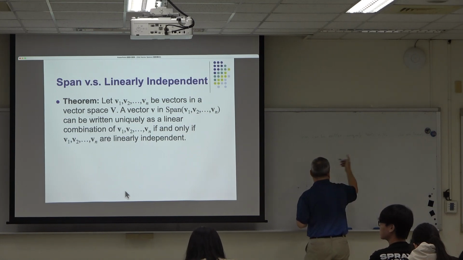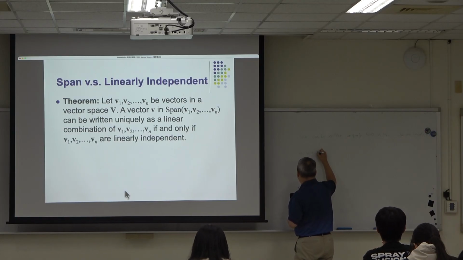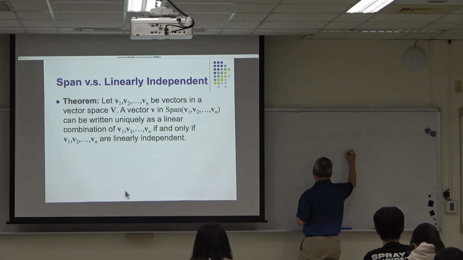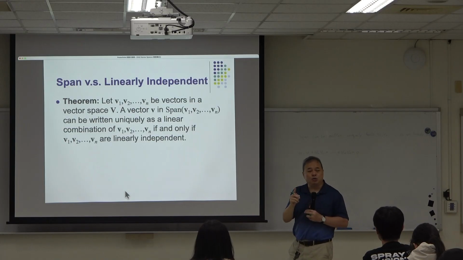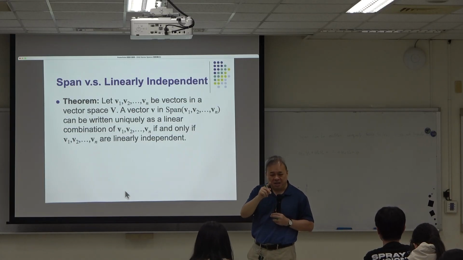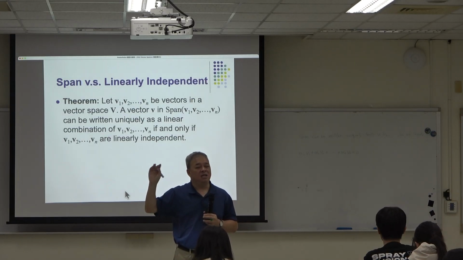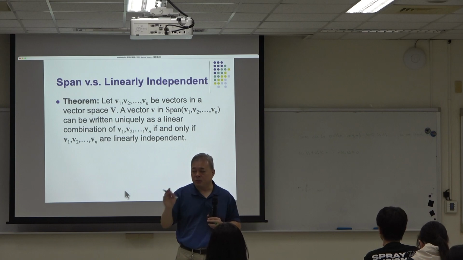Because according to the definition of linear independence, what we need to verify is that alpha 1 v1 plus alpha 2 v2 plus and so on plus alpha n vn equal to 0 has only one solution, right? Where alpha 1 equals alpha 2 equals and so on equals alpha n equals 0. There's only one such solution, right?